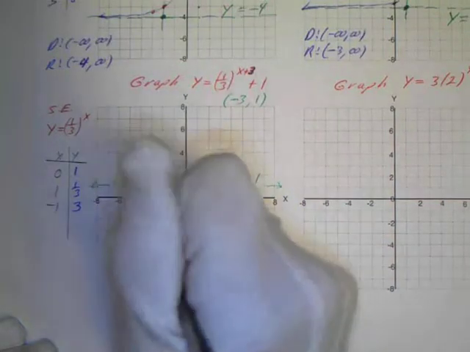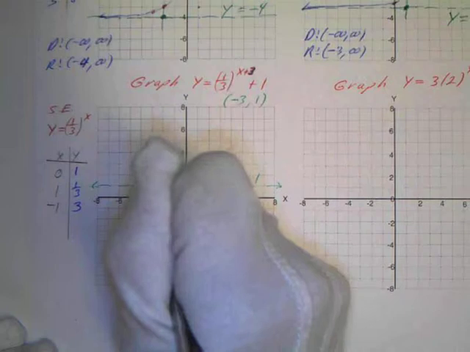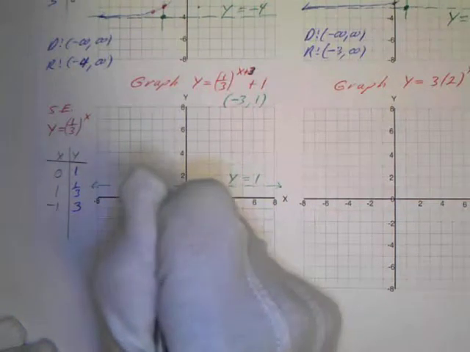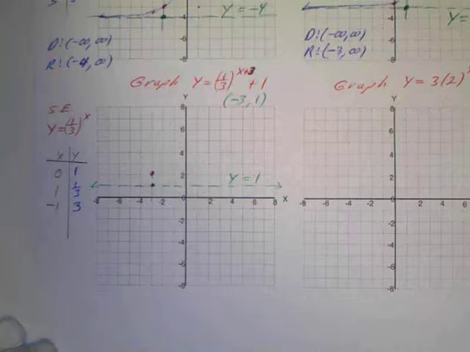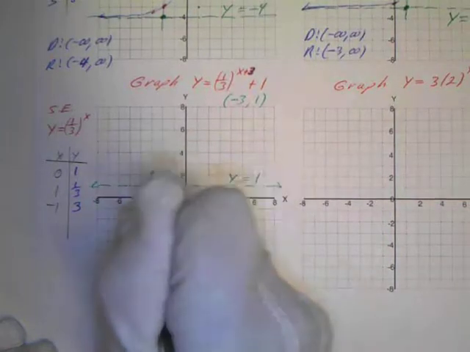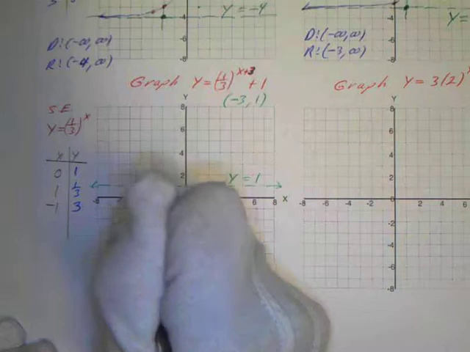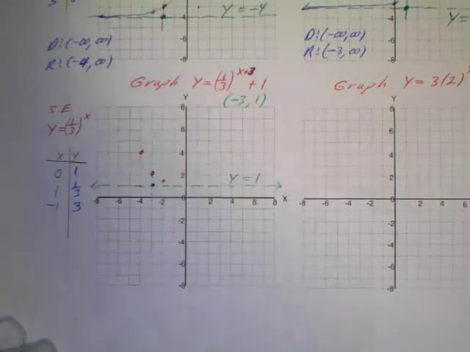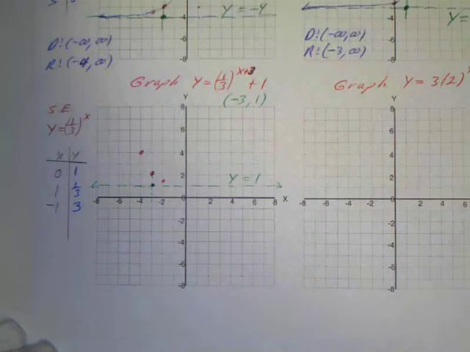So 0, 1 from there would be 0, 1. In other words, from here I go no place left or right, but up 1. And then 1, 1/3. And -1, 3. 1, 2, 3.